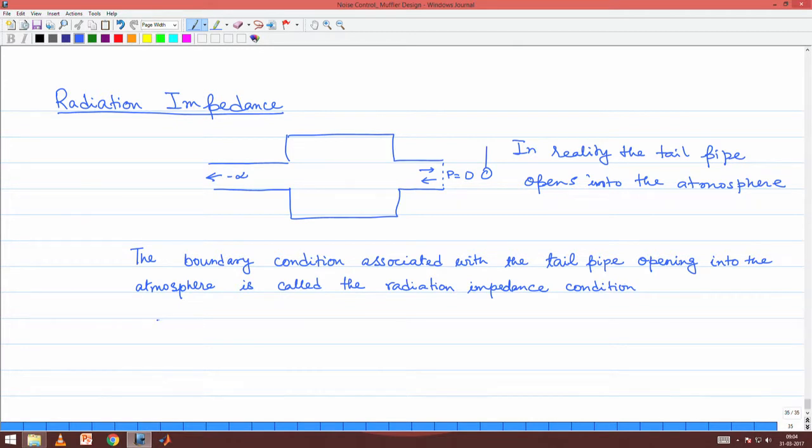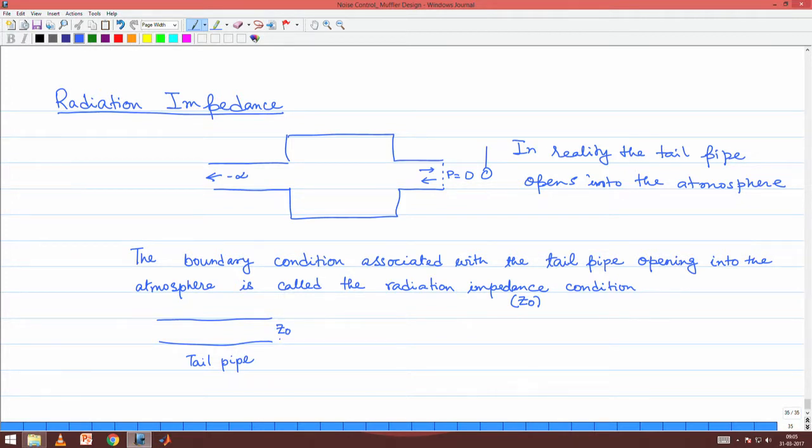So, the tailpipe, when it opens into the atmosphere, the more exact boundary condition as opposed to simply saying that pressure equals 0 would be that there is a radiation impedance at the outlet, and we will denote this by Z0. Okay.